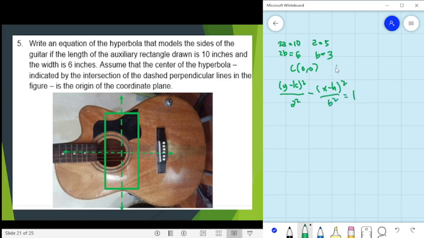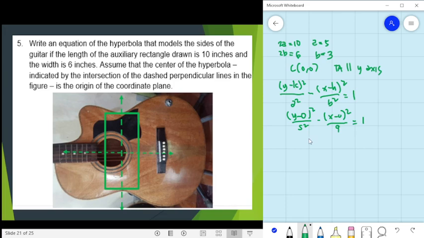We assume that the transverse axis is parallel to the y-axis. So we have (y minus 0) squared over your a, which is 5, minus (x minus 0) squared over your b, which is 3, so 3 squared or 9, equals 1.